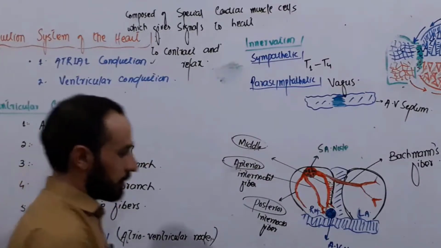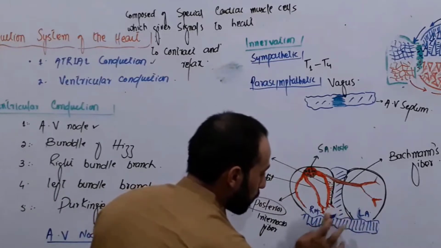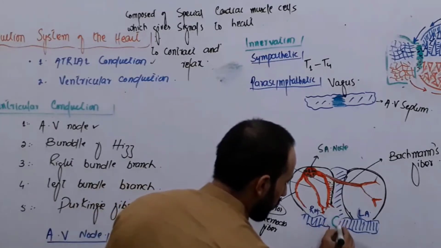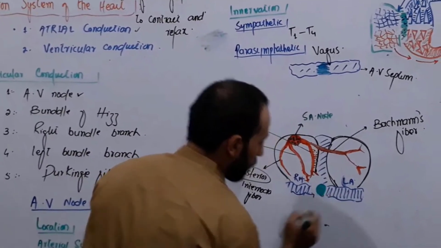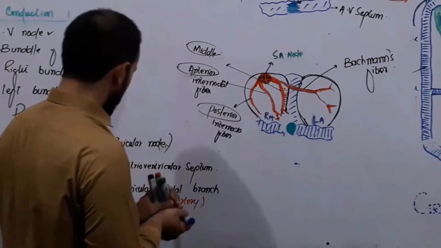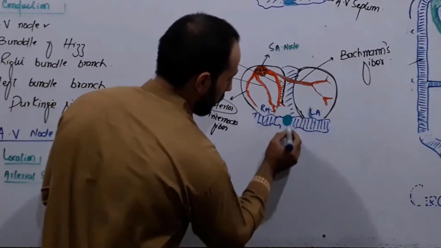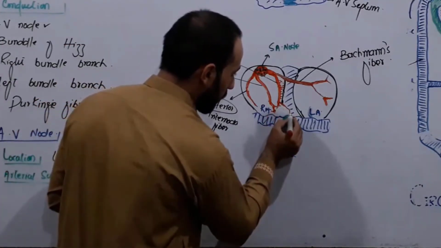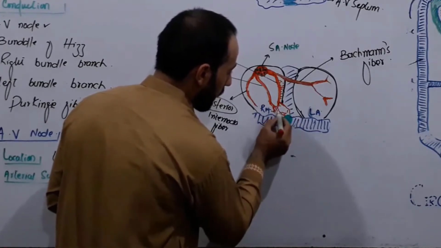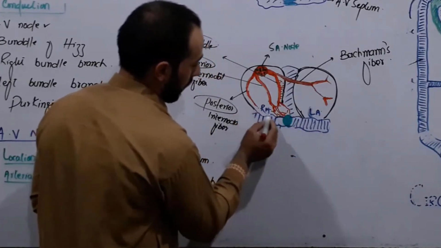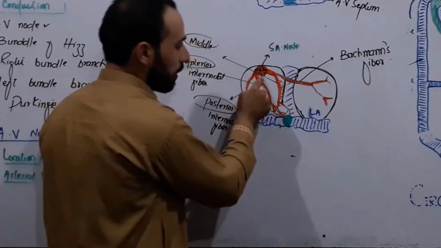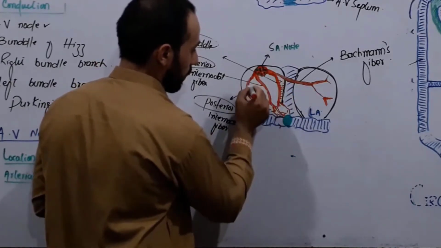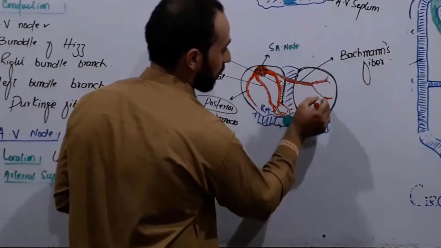Now let's put all these fibers in the ventricles so that we can get the ventricular conduction of the heart. Let me put this AV node in its exact location. Here is our AV node on the lower back of the AV septum, right? And these fibers are coming towards it from the anterior, middle and posterior internodal pathways, and whenever current is produced here, it is taken by these fibers and spread all over the atria.